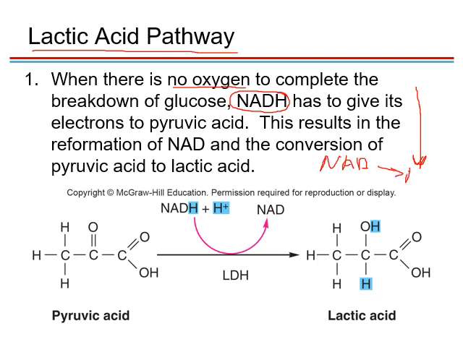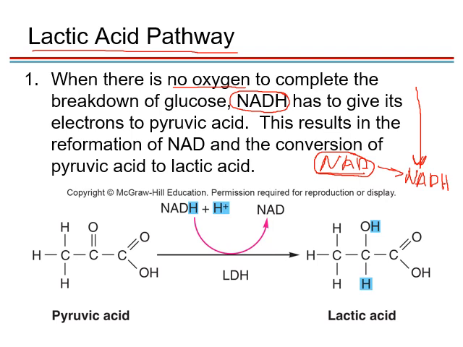The NADH gets reduced. NADH cannot be re-reduced; it can't keep picking up electrons. It has to give off the electrons. It has to be oxidized back to NAD before it can pick up electrons, and so this has to be available for glycolysis to take place.